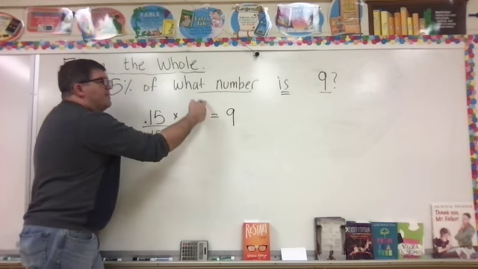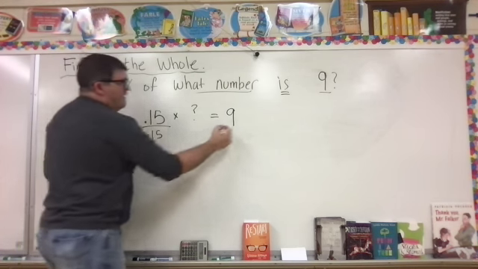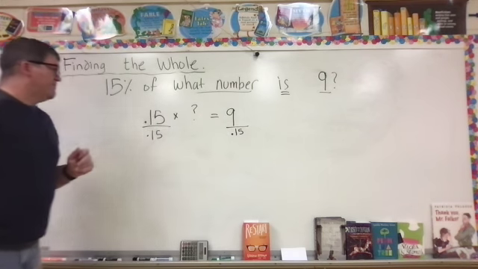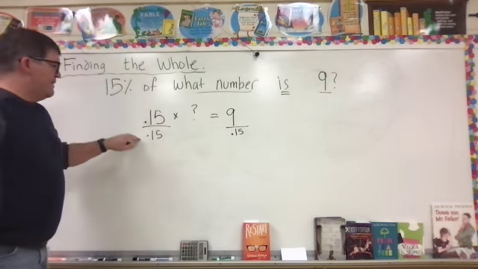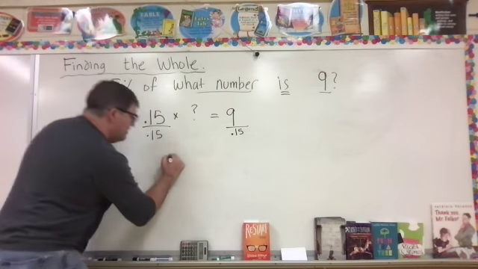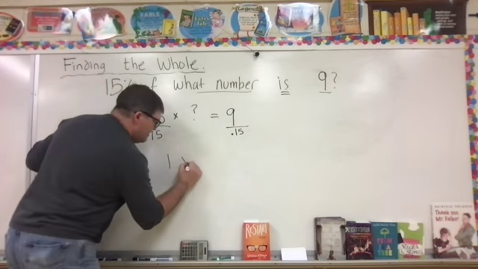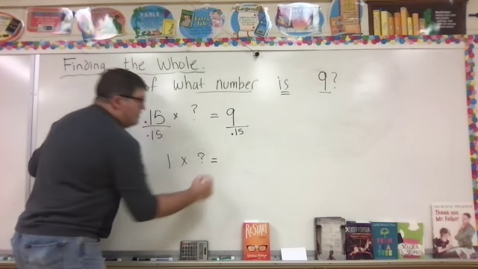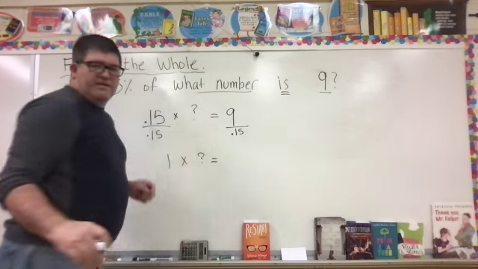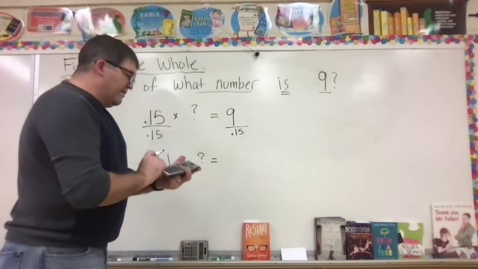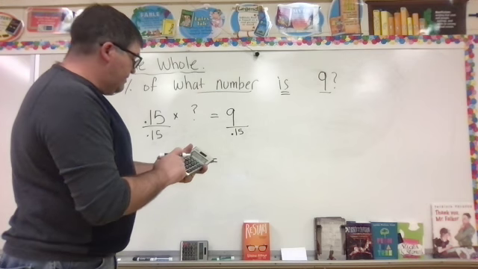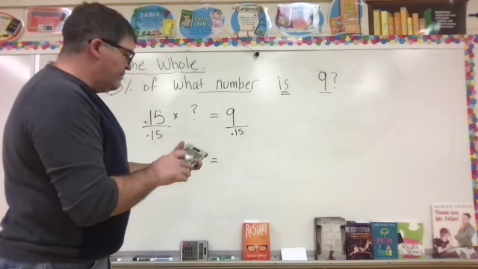But if I do it to this side of the equals, I have to do it to this side of the equals. 0.15 divided by 0.15, that gets me 1 times, still don't know the number, equals this. And this I'm going to use my calculator for. I'm going to go 9 divided by 0.15 equals 60.